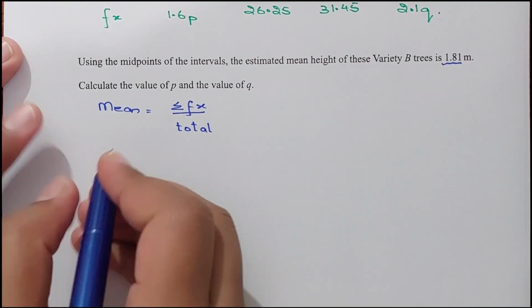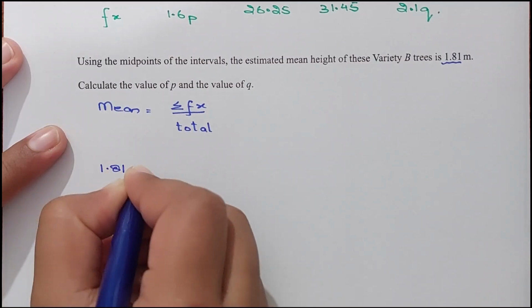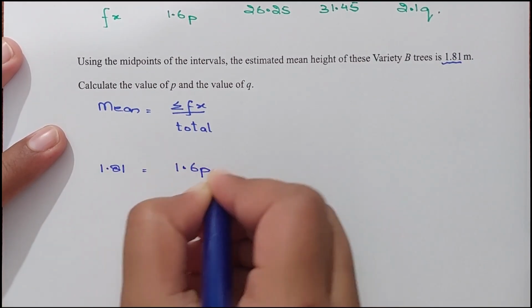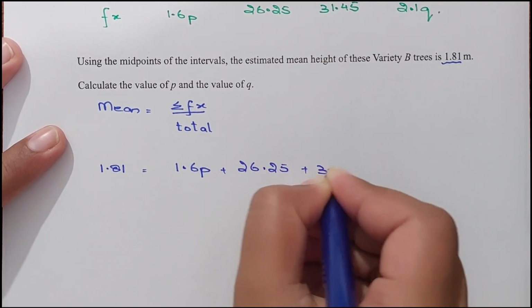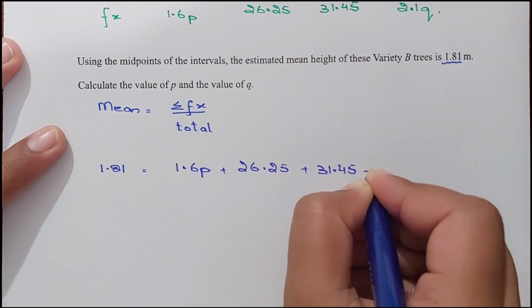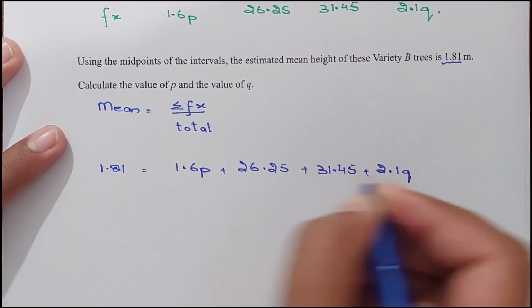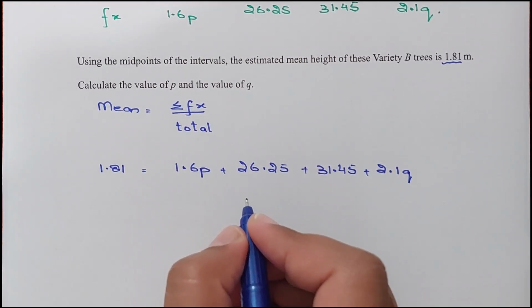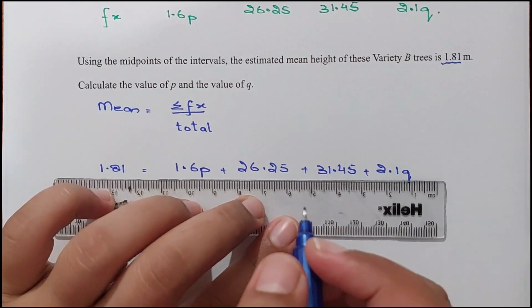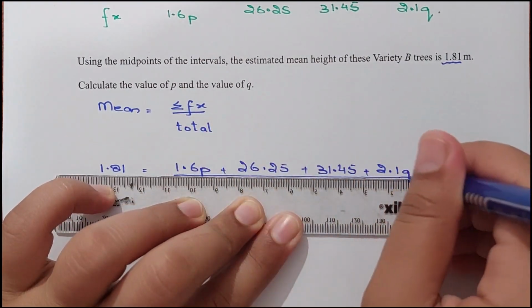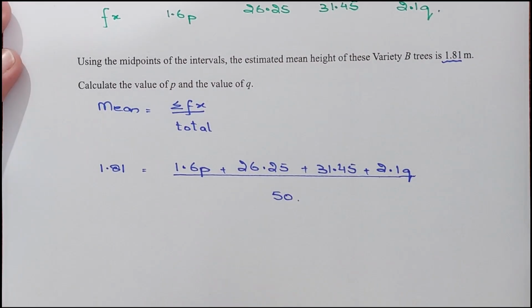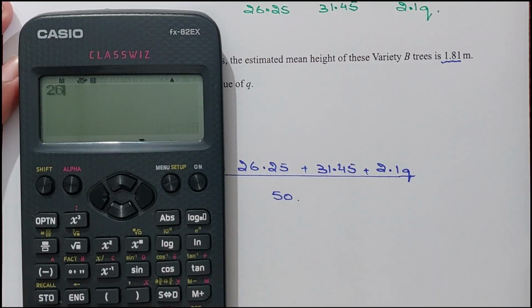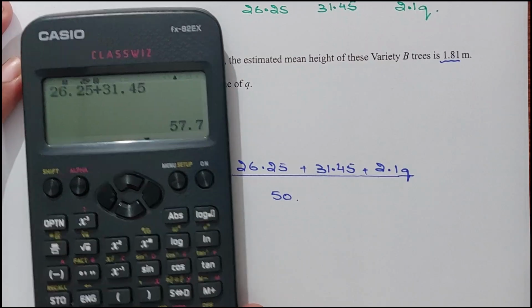So let me plug into the formula. The mean is 1.81. The product of fx is 1.6p plus 26.25 plus 31.45 plus 2.1q. This is going to be divided by the total, which is 50. Let me simplify this equation. 26.25 plus 31.45 is 57.7.